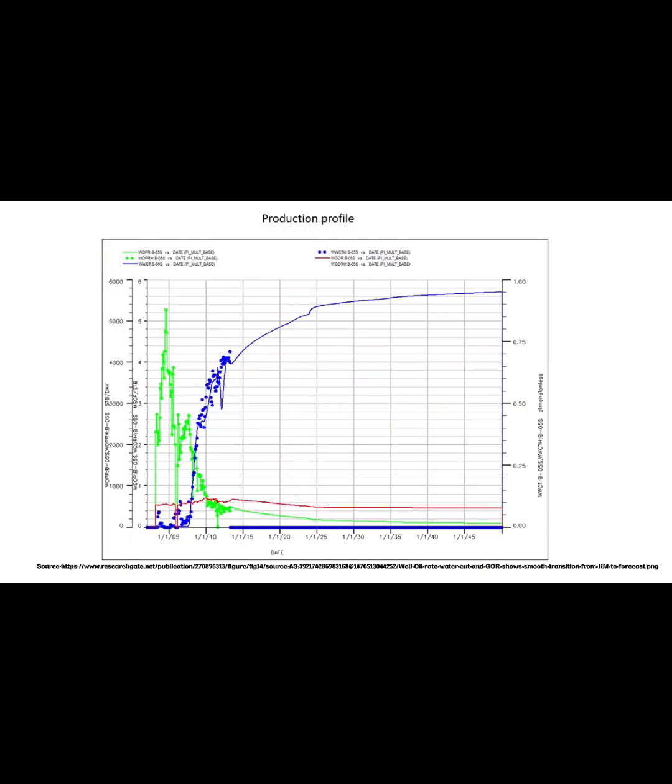And of course, when you have high water cut, your daily production rate would definitely drop. So this is just a quick analysis of what a production profile looks like. Next up, we'll be looking at another data set.